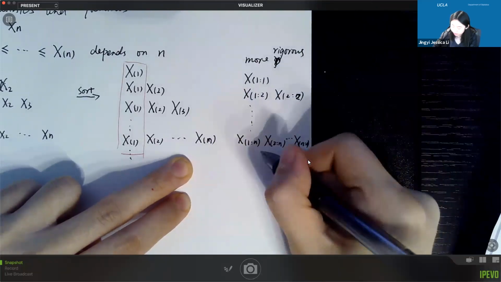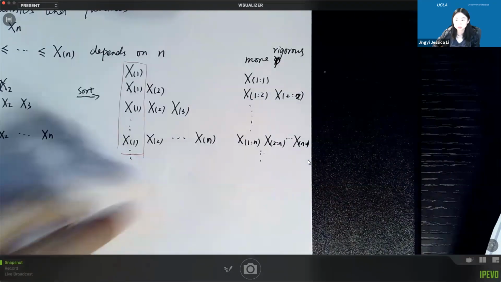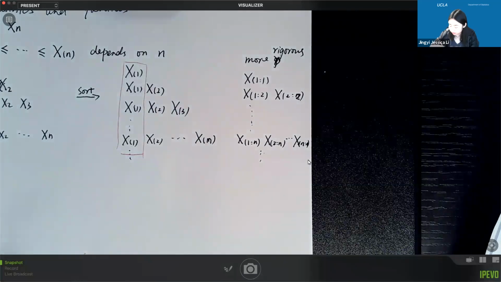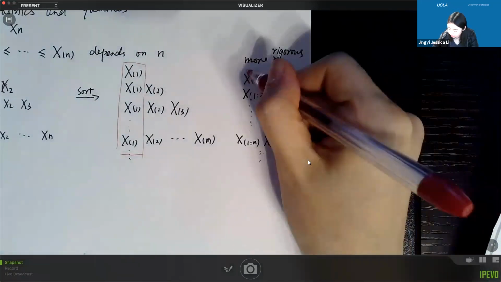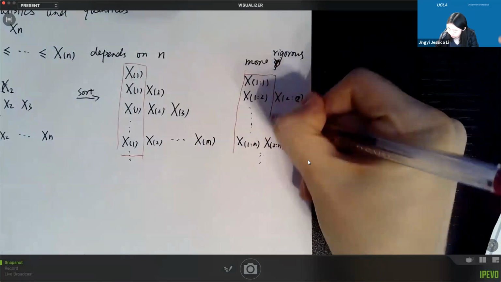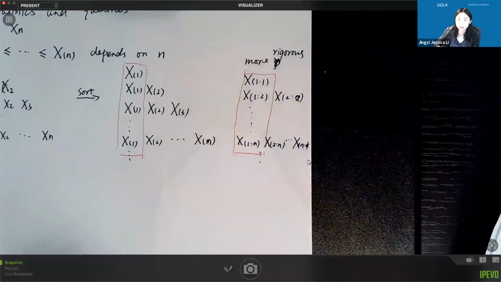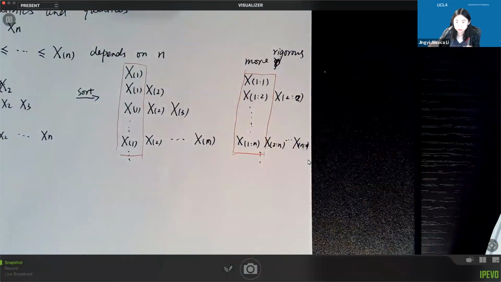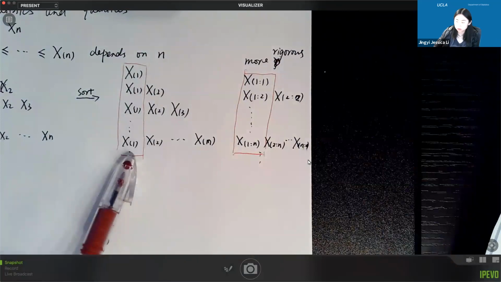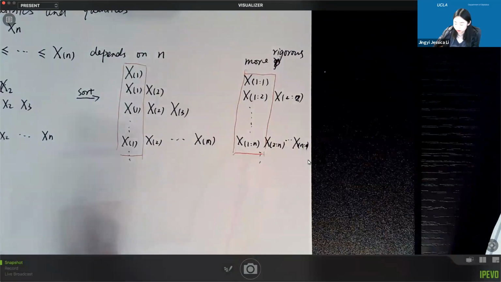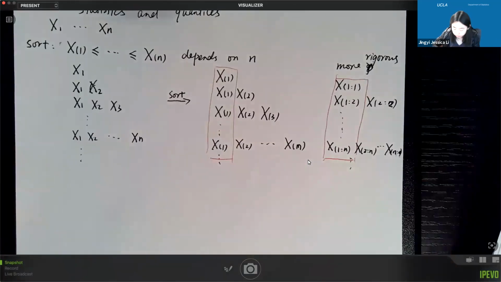A more rigorous way is to carry the sample size n with it. Then we can see these things are not exactly the same, because they depend on the sample size n, the number of random variables. But for simplicity, most textbooks use the simpler notation. This one is very rare, but I want you to be aware of it.